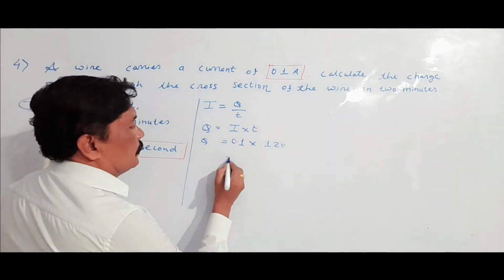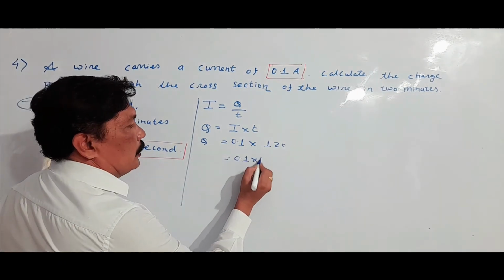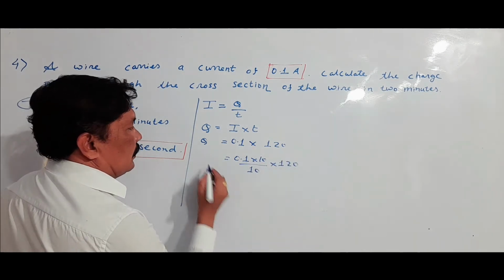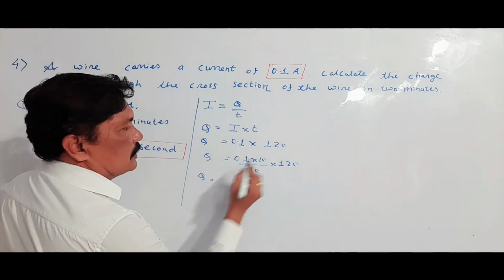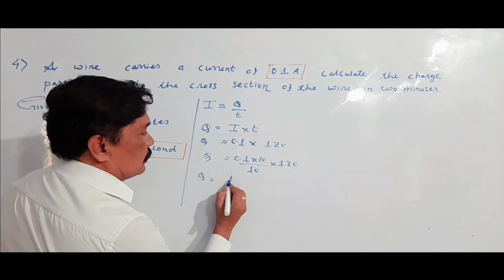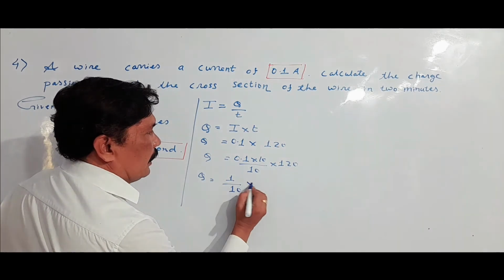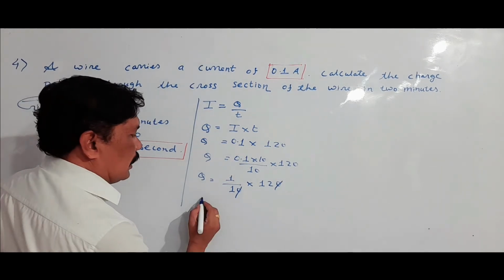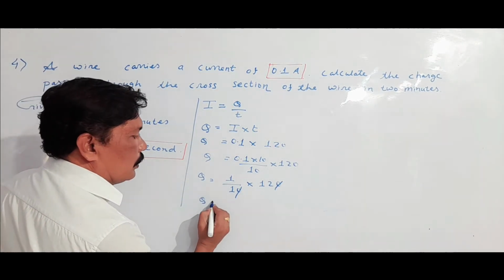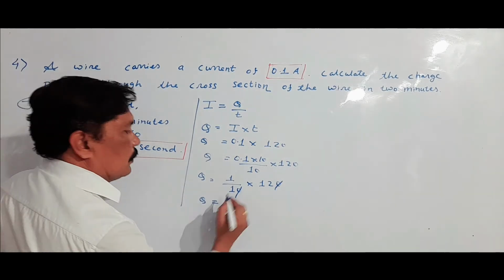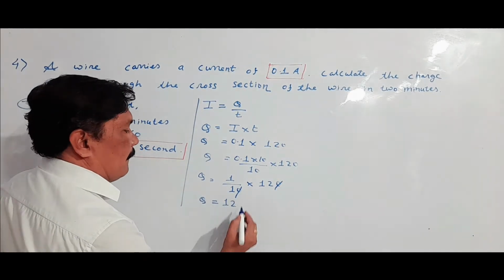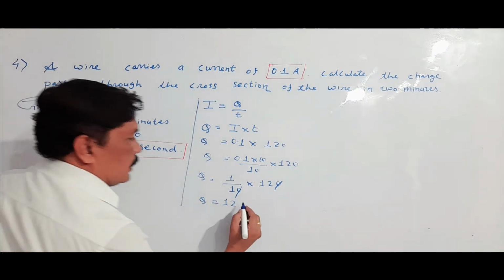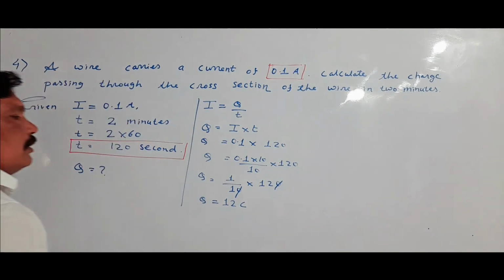So what we will do? 0.1 into 10 upon 10 into 120. Q is equal to, point is removed, so 1 upon 10 into 120. 0, 0 cut. So Q is equal to 12. And the unit of charge is coulomb.